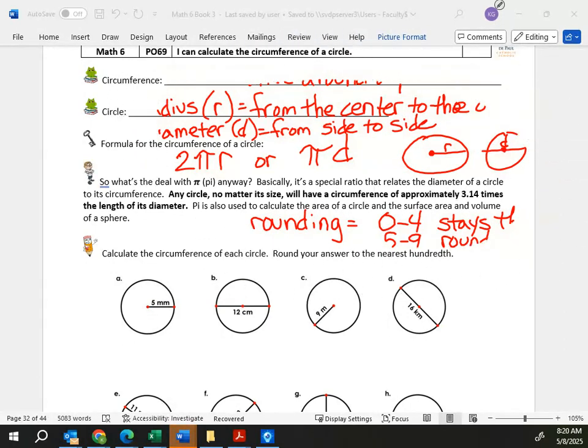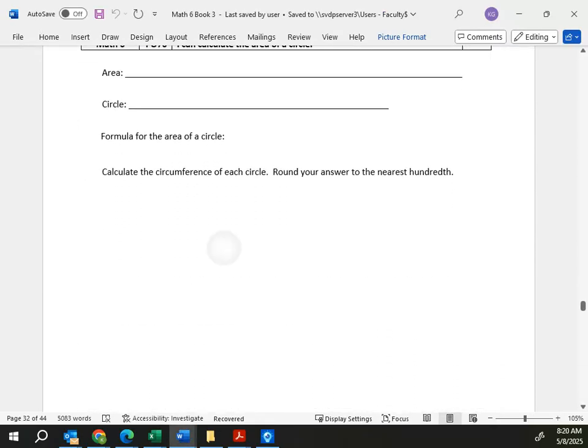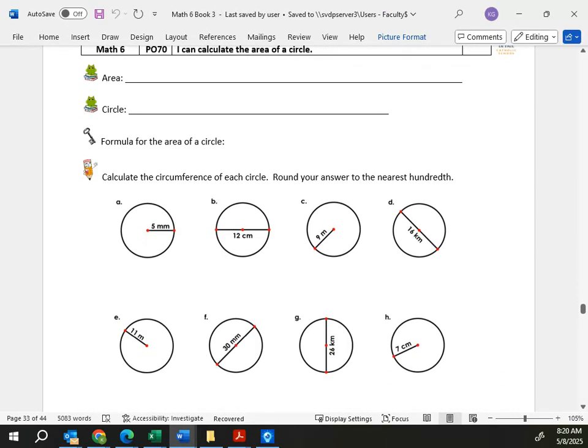Our next objective was the area. So we know the definition of the area, we know the definition of the circle. So the formula for the area of the circle is pi r squared.